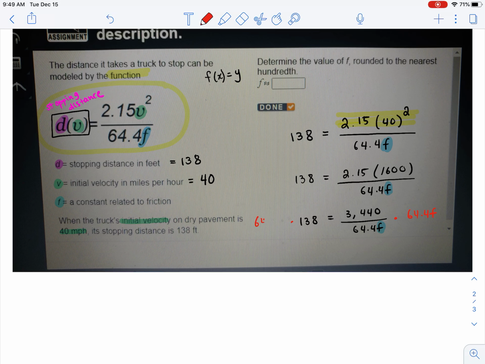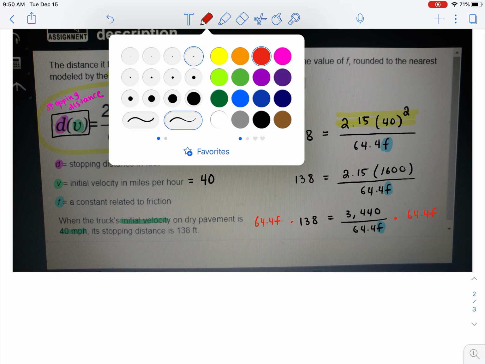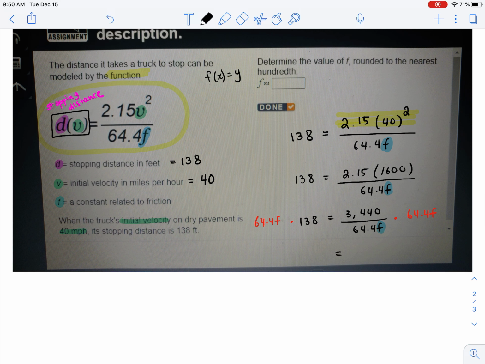That means we also need to do it on the left. What this does is it cancels out this denominator on the right side. So now on the right, all I have is the 3,440 because the 64.4 f in the denominator and the one that I multiplied, they eliminate each other.